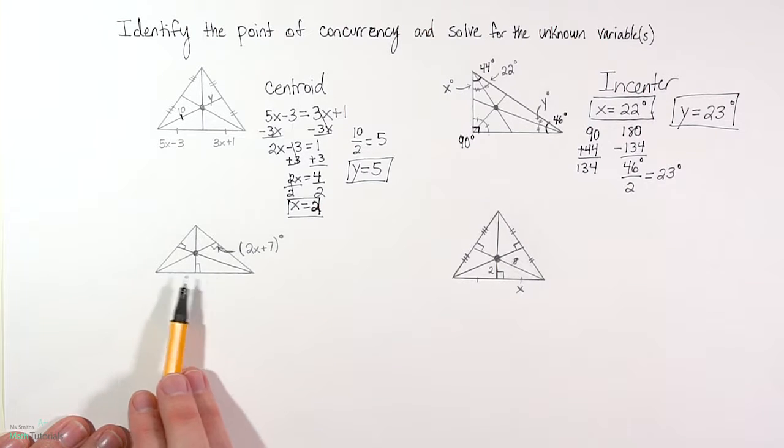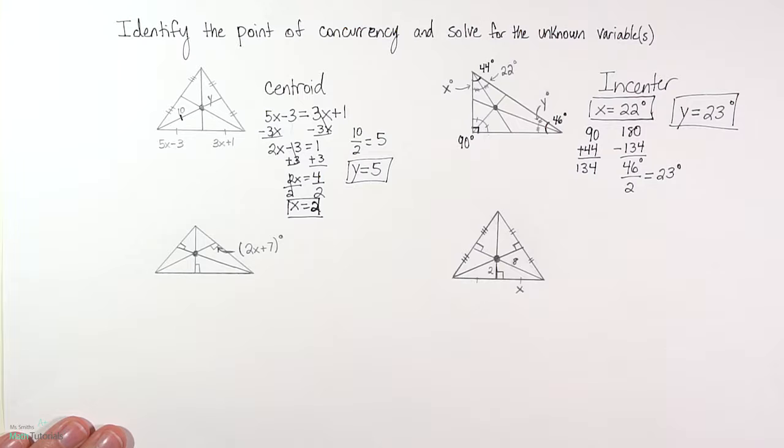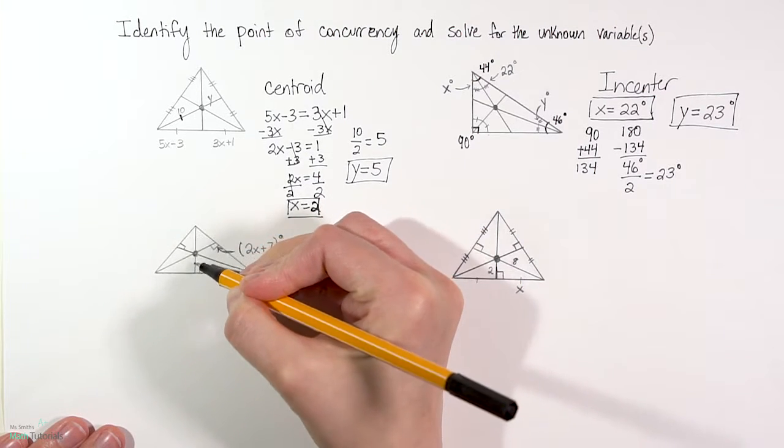No. If it did, I'd have a tick mark there and there telling me. So the fact that it forms a 90-degree angle means it's got to be either an altitude or a perpendicular bisector. And when I look at this, and I can tell that it's not cutting this side in half, which means it could not be a perpendicular bisector. So this has to be an altitude.